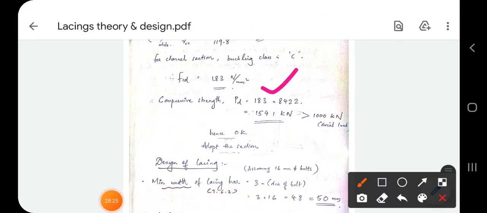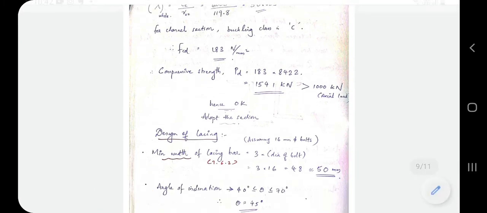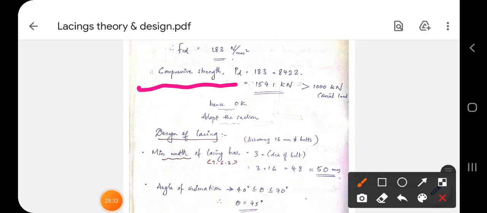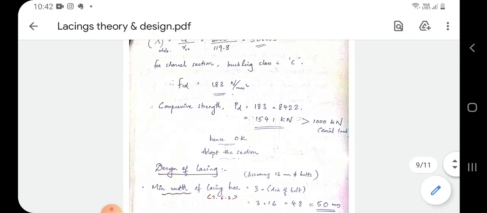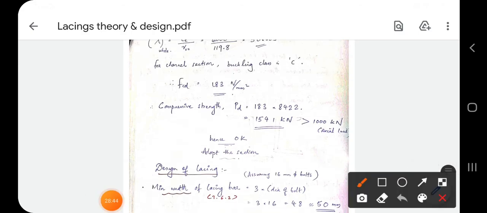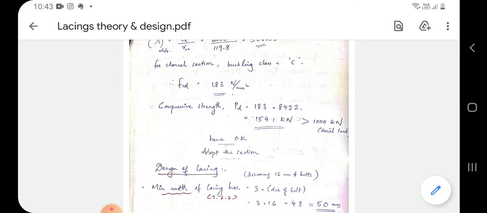FCD value will be more, and PD value, compressive strength value will also be more, and that compressive strength should be greater than the given factored load. Okay, this is the compressive strength of the column. So this compressive strength should be more than the given axial load. So adopt the section.